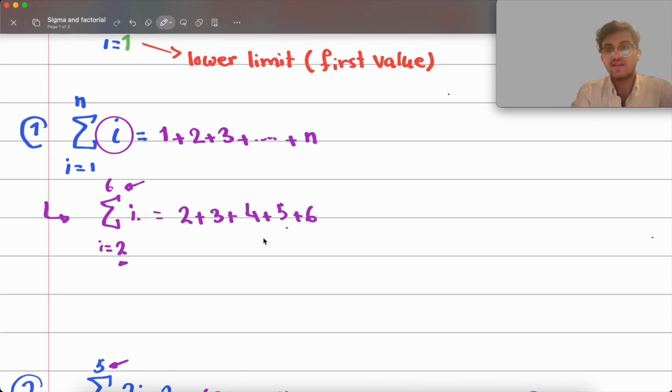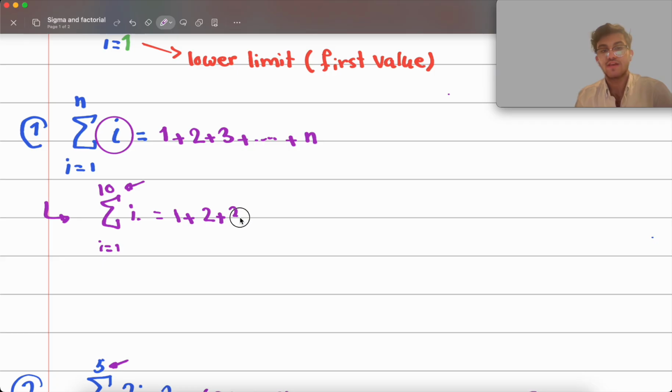But let's get back to here and assume that instead of 2, this was starting from 1 up to 10. This would be 1 plus 2 plus 3, 4, 5, 6, 7, 8, 9, 10.